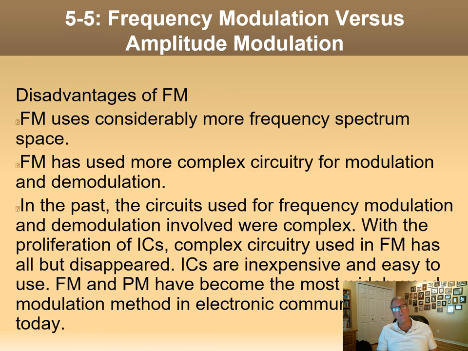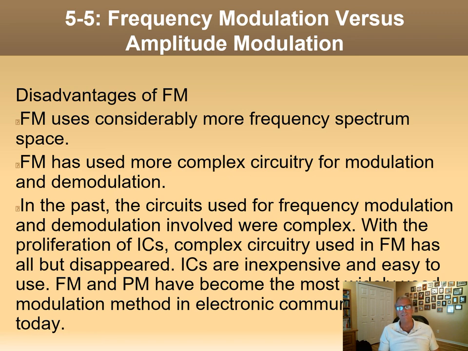Now, disadvantages, not so sure about this. We use considerably more spectrum, that's for sure. It does use more spectrum because of those significant sidebands. Second bullet, FM has more complex circuitry for modulation and demodulation. Third bullet says the second bullet's not really true.